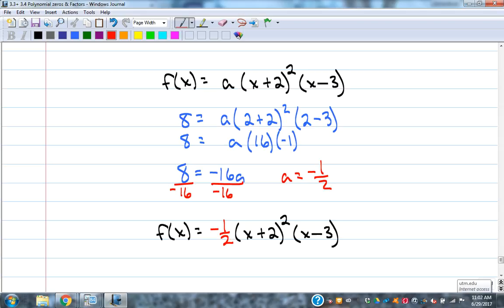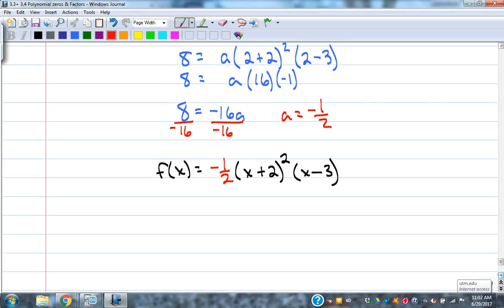And it doesn't matter what order you multiply it out in, as long as you multiply it all out. And y'all told me that to be x plus 2, a multiplicity of 2 means it happened twice. I put squared on that. Maybe it helps you to write it out twice.